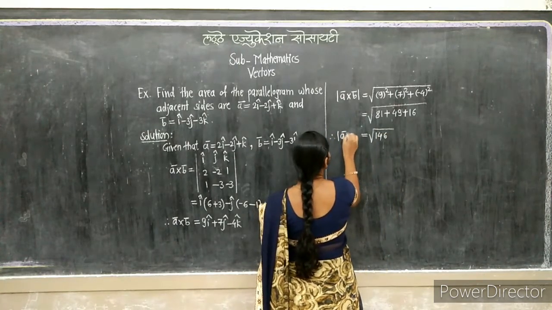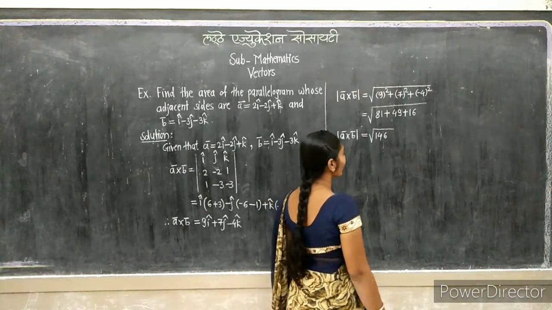Therefore, the magnitude of a bar cross b bar is equal to under root 146.